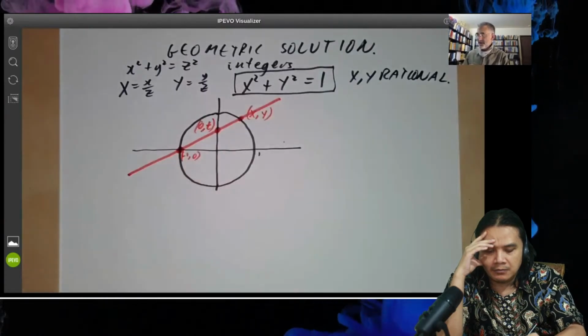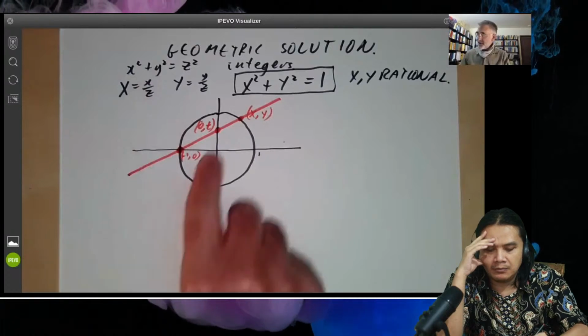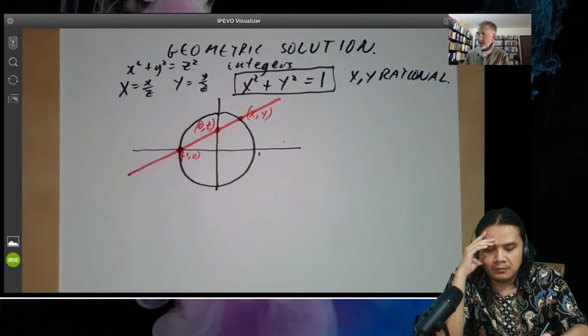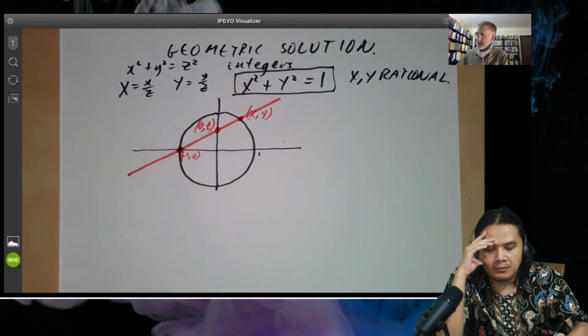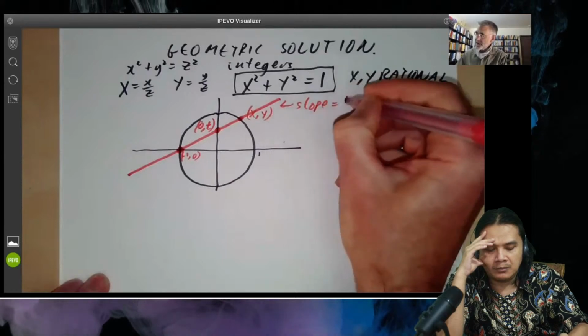Using t instead of y because I've already used y for that. So if you look at this very briefly, you notice that t is just the slope of the line. So the slope is equal to t.